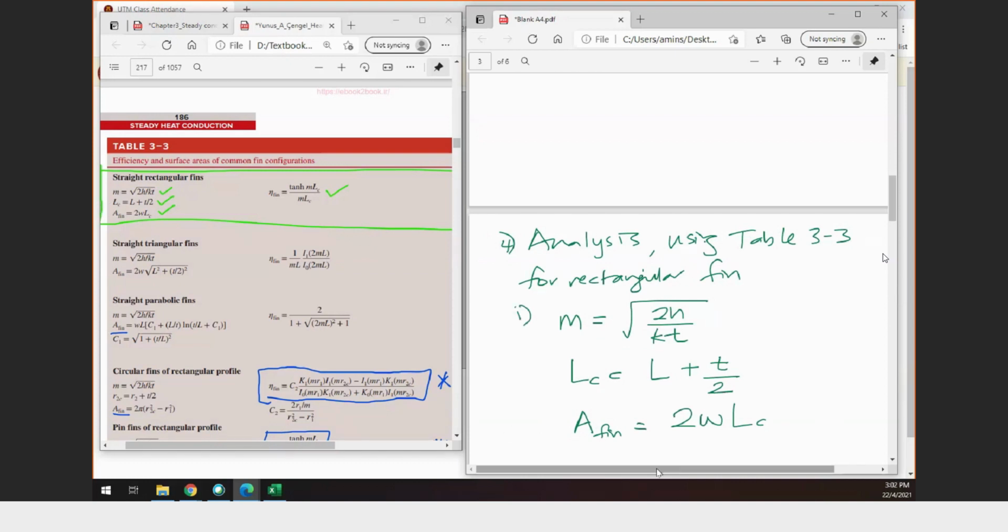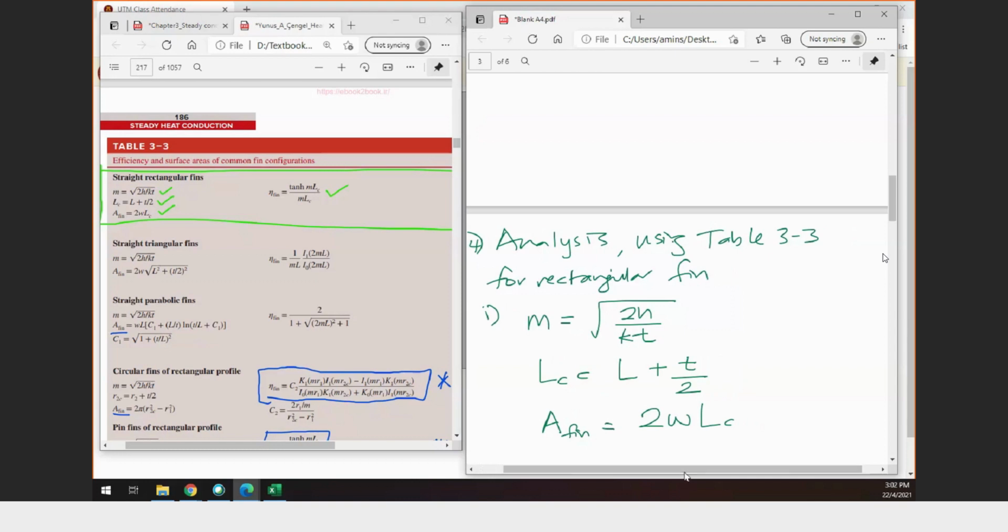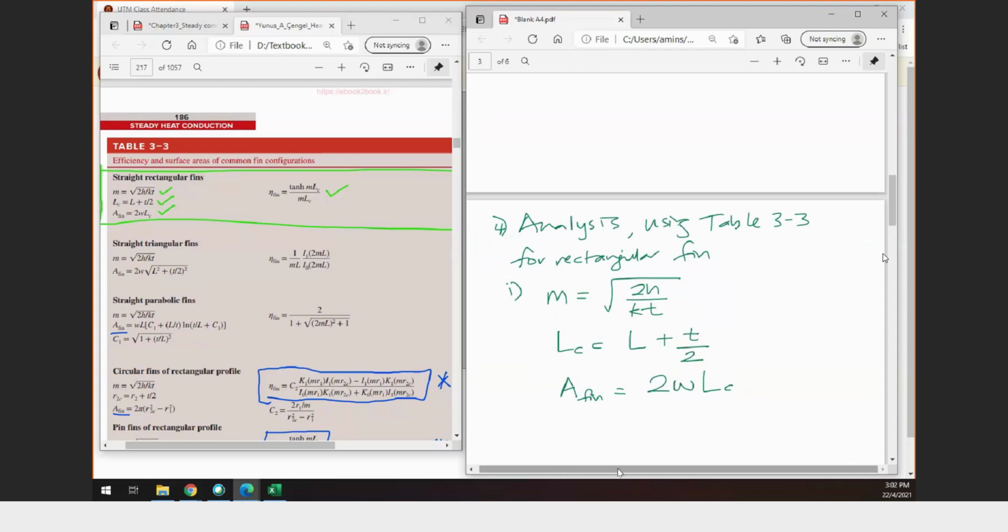Once you can calculate this, the fin efficiency equals tanh of m Lc divided by m Lc.